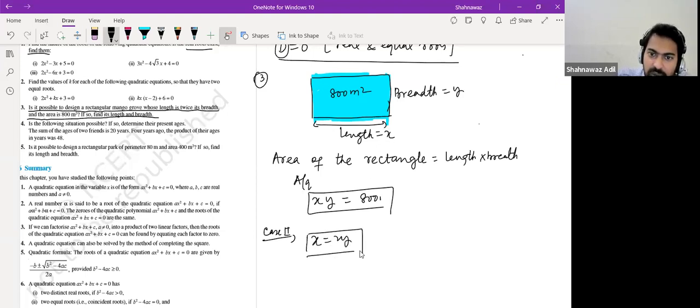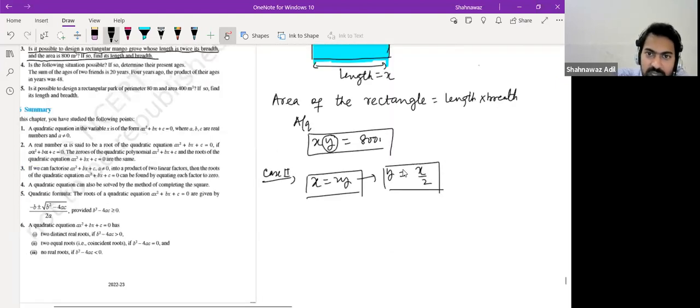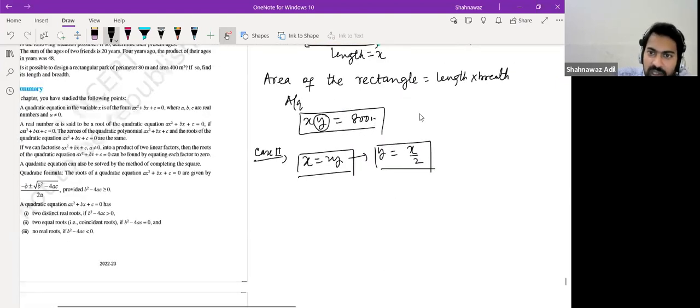So we need to take care of this. So y is how much? x by 2. Yes, sir. So from this equation, we place the value of y in here.